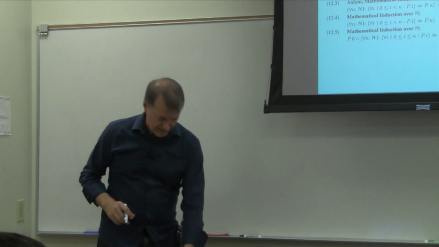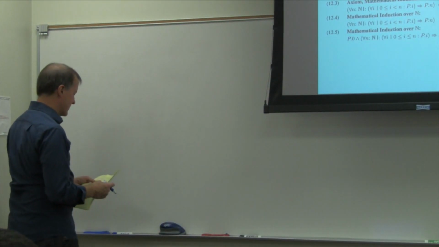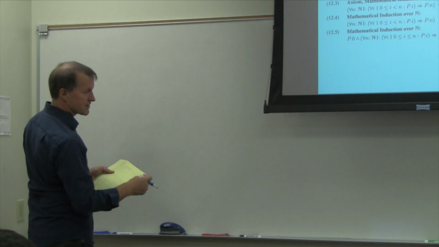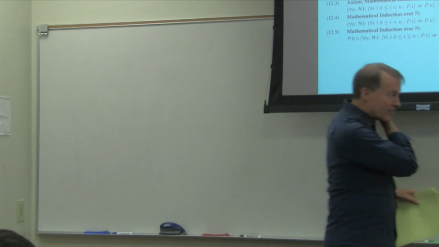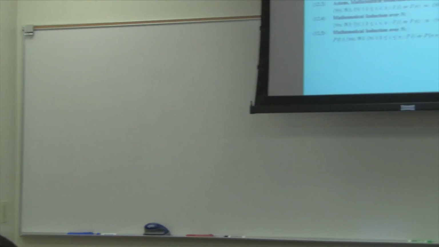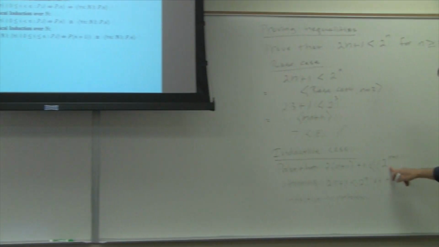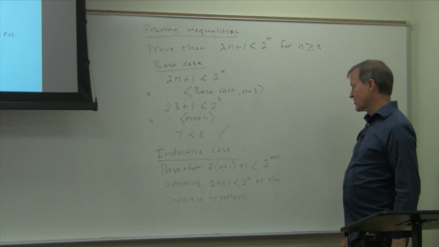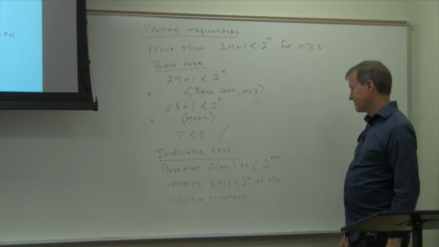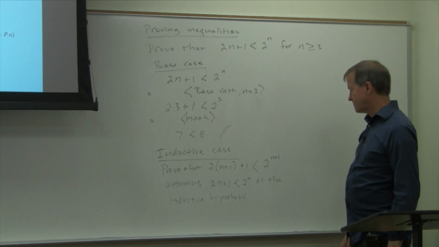Okay. So now check this out. We did the base case, right? So now look, what is it that we have to prove? That 2n plus 1 is less than 2 to the n. Can we start with one side? Yeah, we can. Now the question is, which side do you want to start with?